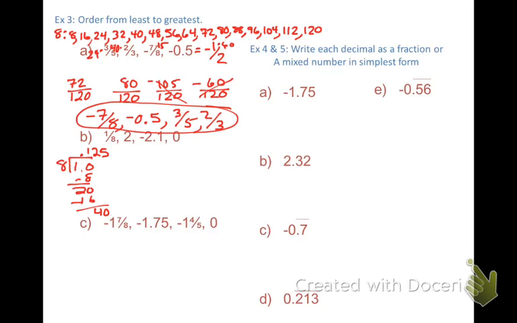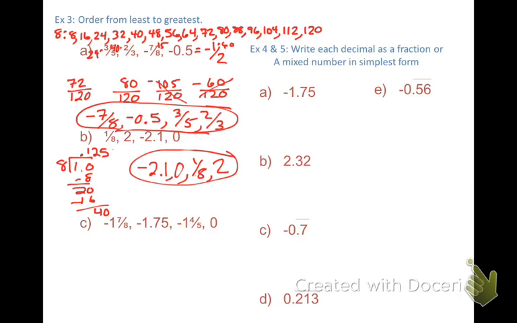So I find the smallest number, and the smallest number is this negative number. So I'm going to put that first. And then 0 is below 0.125, so it's going to be 0, then 1/8, and then 2. So here's your answer for that.